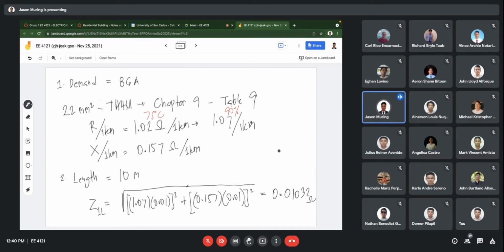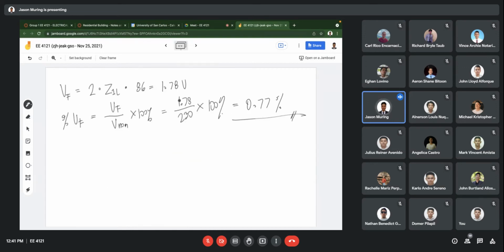So 0.0107 squared plus 0.00157 squared gives 0.0108. This value will be used here, so this is now 0.0108.